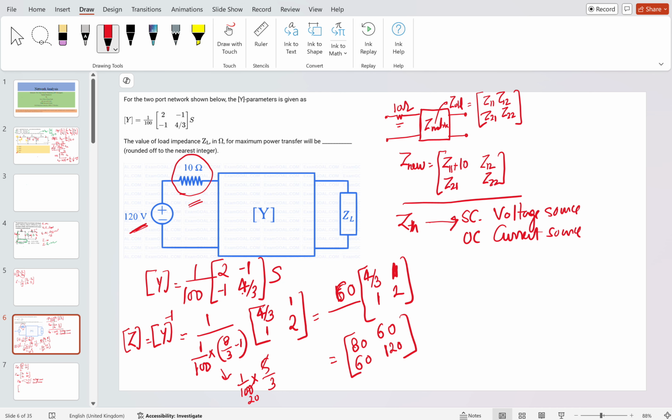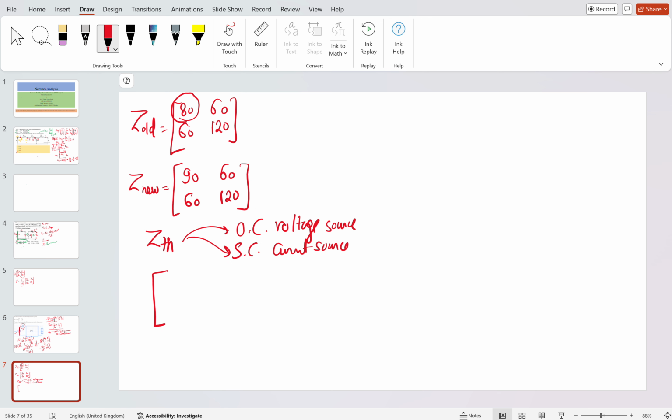So this is the 120 volt here; when you short circuit it, the V1 that was there initially becomes 0, and V2 equals Z new, 90, 60, 60, 120, times I1, I2.